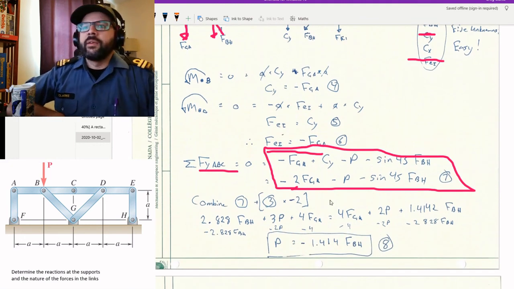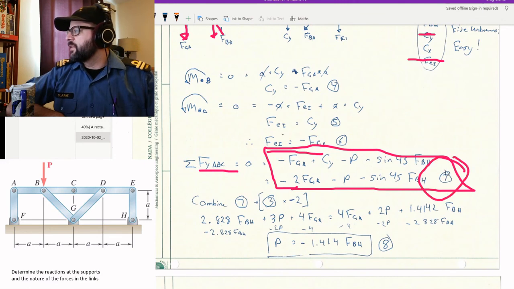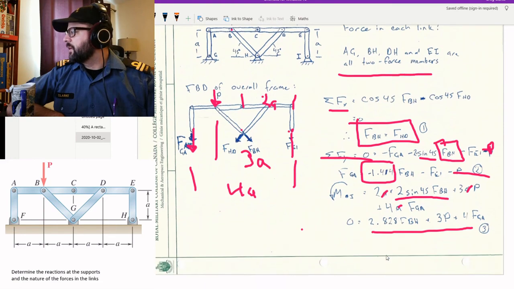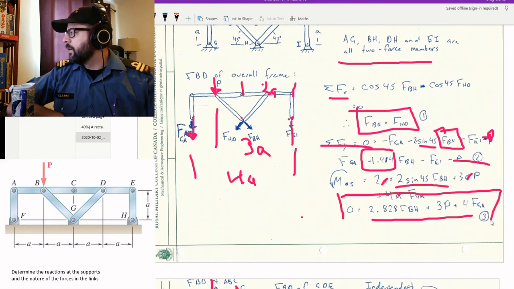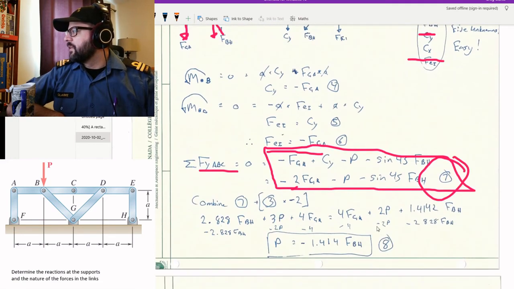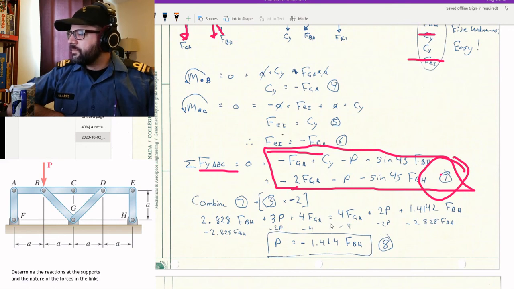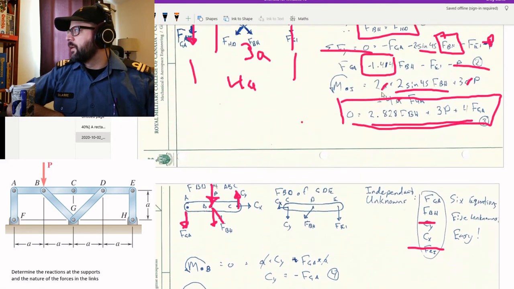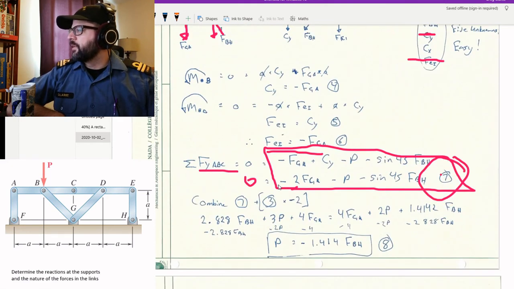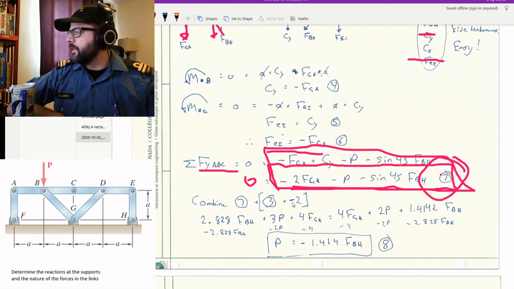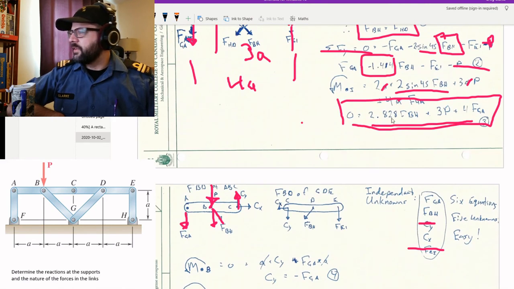So what we can do is take that equation and combine it with one of the ones that we saw previously, this one here. This is equal to 0, and this is also equal to 0. So I'm putting this on the left side of the equation as equal to 0, and on the other side of the equation, it's also equal to 0.